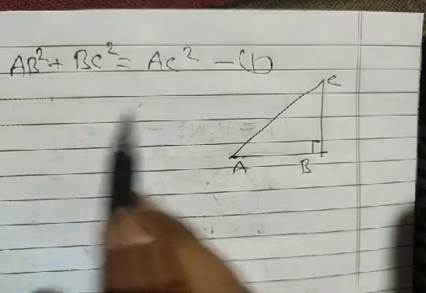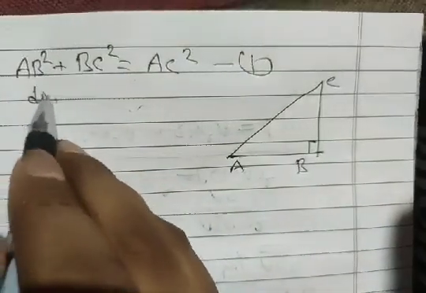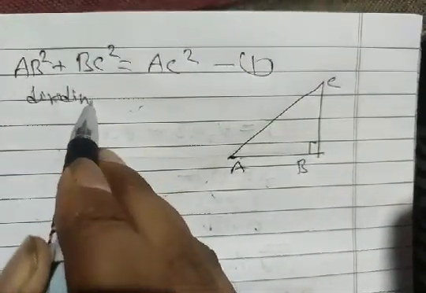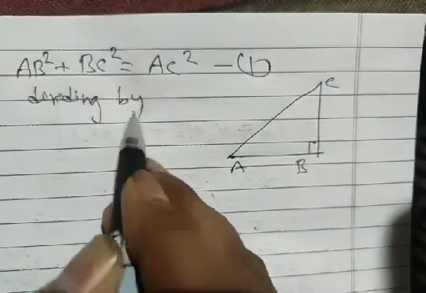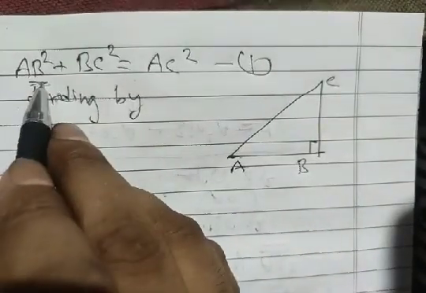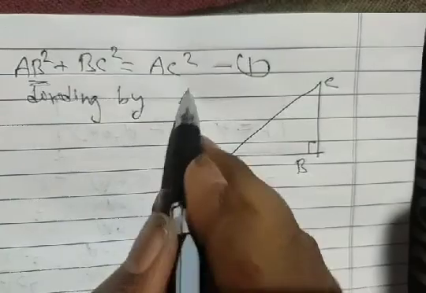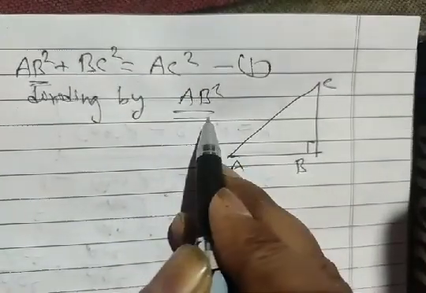Now here we are going to divide by AB square.